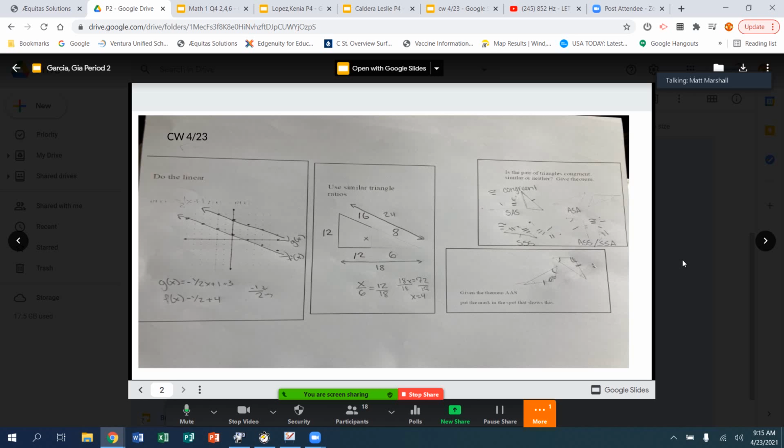Okay, and then for your bottom one, how come you put the marks where you did on that? Does that show AAS? Okay.